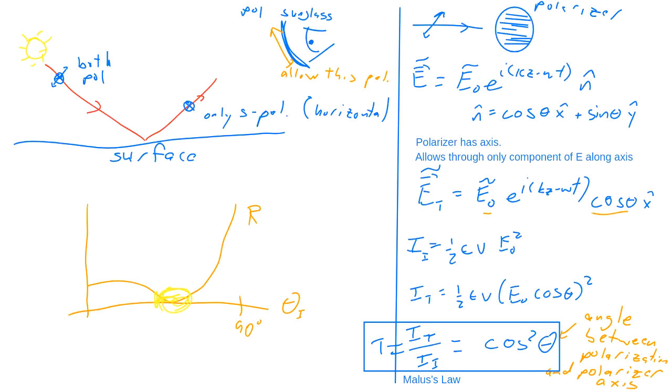And those of you who have taken quantum mechanics, this is kind of like taking a spin up through a Stern-Gerlach analyzer, taking the spin up and then running it straight into spin down, you get nothing out of it.